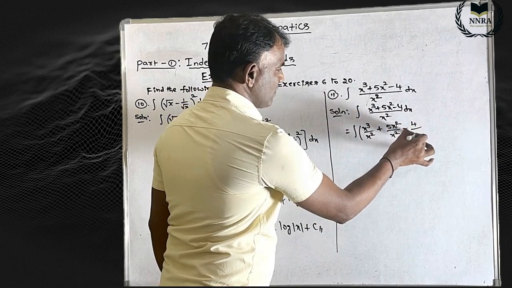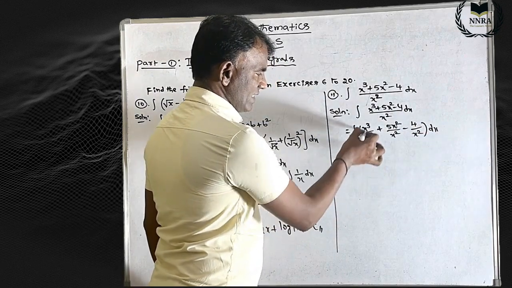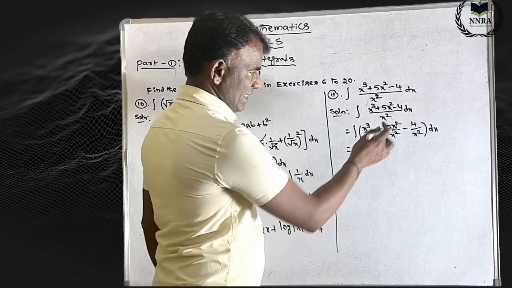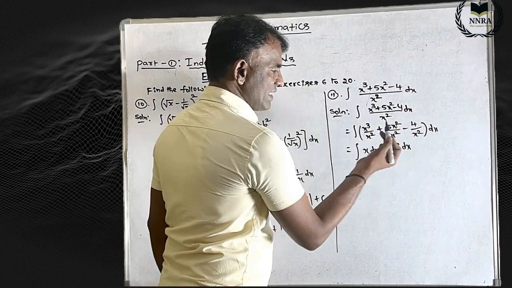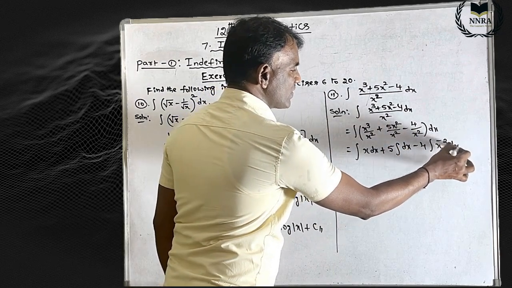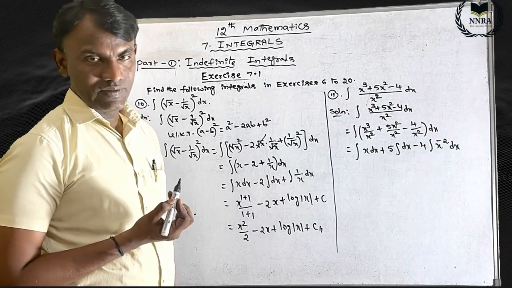Third one is 4 by x square into dx. So here x square gets cancelled, we get x, then dx. And x square cancelled, 5, then integral to dx, right? And minus 4 into, this can be written as x power minus 2 into dx. 1 by x square can be written as x power minus 2, right?